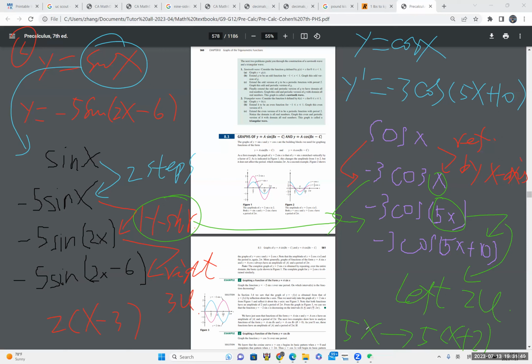Oh, okay. So x is replaced by x plus 2 instead of x plus 10. Okay, yeah, please take a screenshot. You done? Yeah.